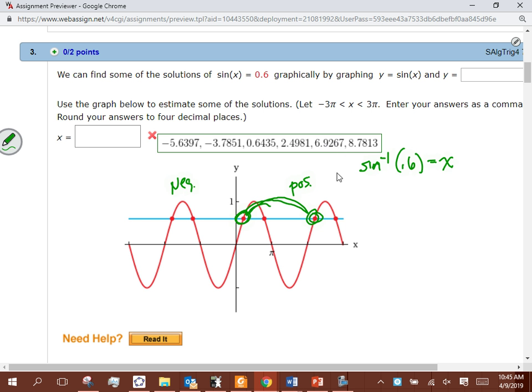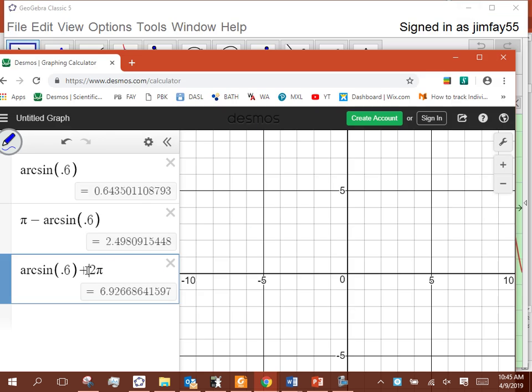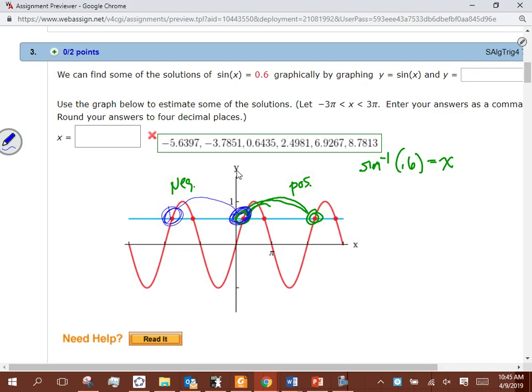Okay. Now how does this number here and that one, how do they relate? Minus 2 pi. Okay, so then by minus 2 pi, I get negative 5.639, which is that one there. Okay, does that make sense to everybody?